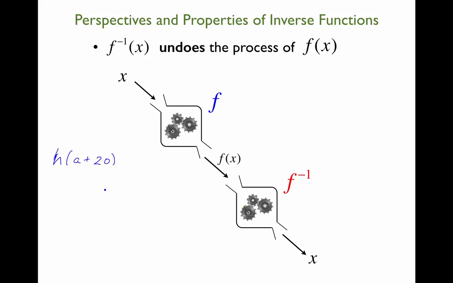That's representing, using function notation, the output of h when the input is a plus 20. So something like that. You're writing some kind of expression, in function notation, that describes that whole picture. See if you can do it. If you can do this, you're getting it.